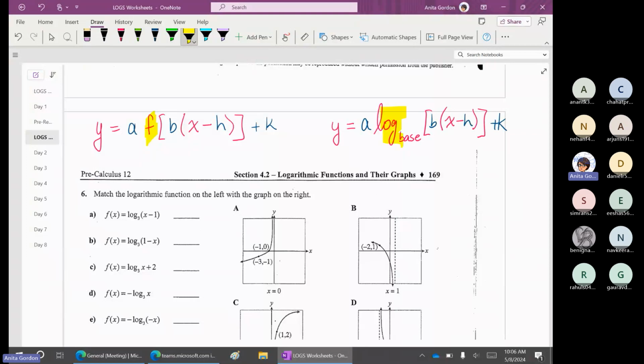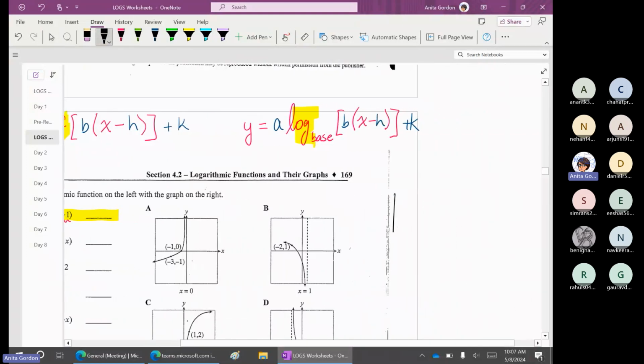So when you are looking at 6a, you are looking at a base 3 graph that has been moved to the right by 1, okay? So take a look in your notes. What does a base logarithm function look like? Where are the asymptotes? What's the domain and range? Take a look at page 1 of our lesson. We know that a base graph for a logarithm function looks like this, where the intersection is at (1, 0).